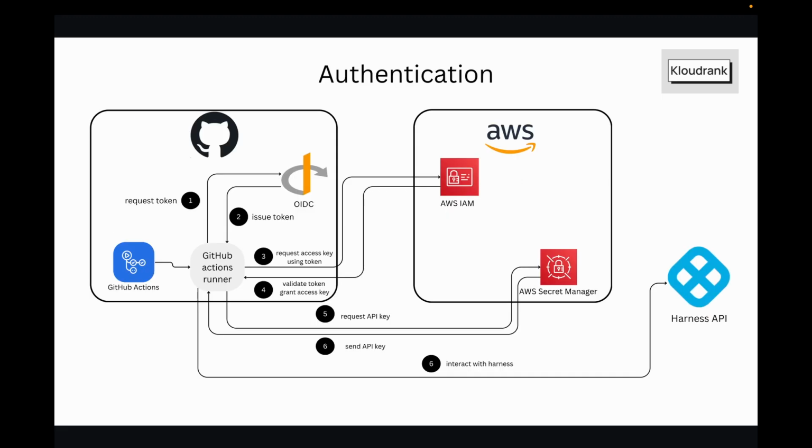The next thing we need to talk about is the authentication chain. So this is part of what makes centralized IaC secure. At no point does anyone store a long-lived API key or AWS access key in the pipeline config. The authentication is chained, meaning each step produces a short-lived credential for the next step. It starts with the GitHub Actions workflow.